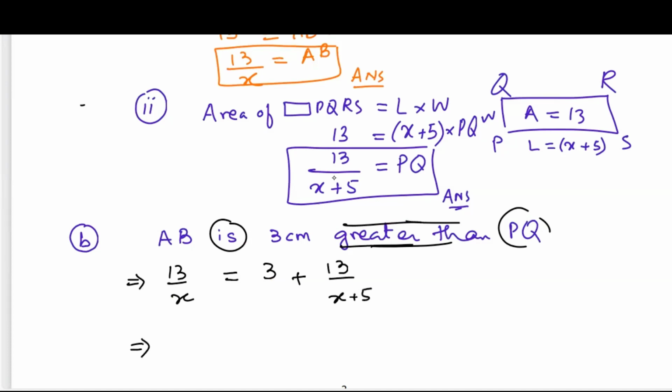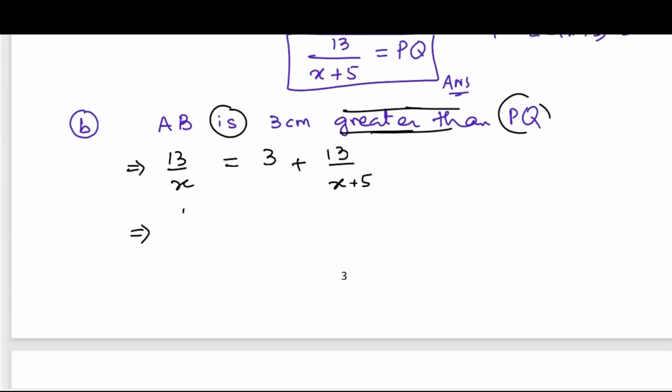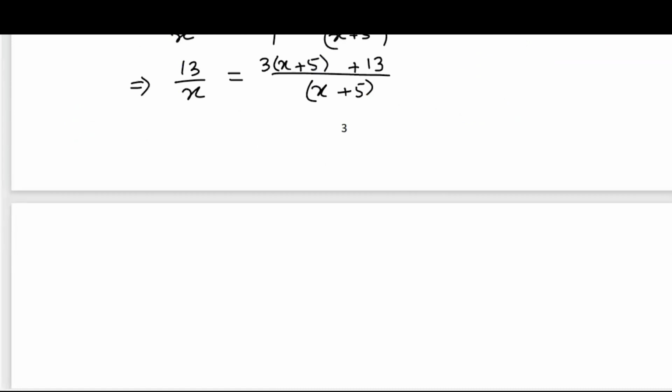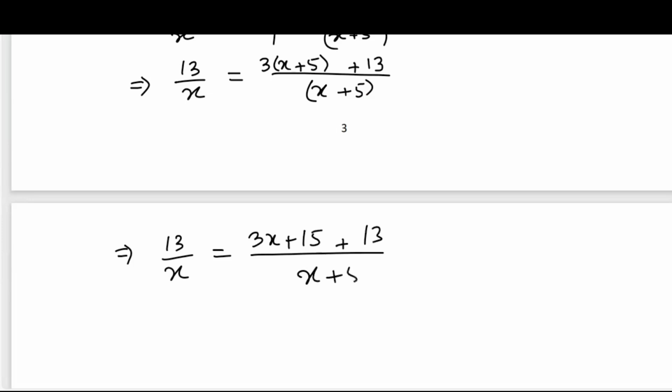Now simplify this. So 13 over x is equal to, taking LCM, LCM is x plus 5. When you take LCM x plus 5, it will be 3 times x plus 5 plus 13. Now 13 over x equals 3x plus 15 plus 13 over x plus 5. Now cross multiplication.